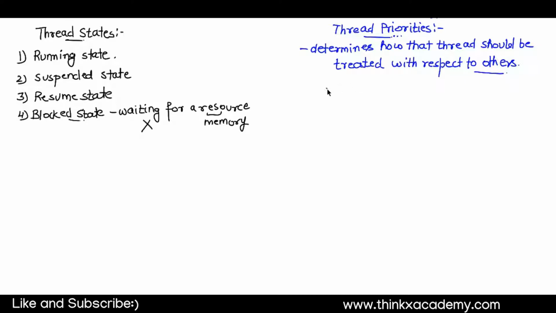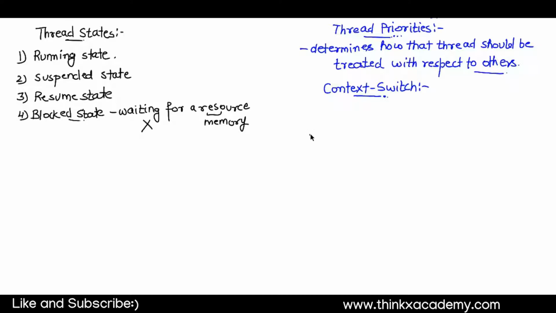Now let's discuss one more important term, which is known as context switch. This term is used in a lot of places. Context switch is also an important term in operating systems, and it is mostly used in multitasking. So what is a context switch?